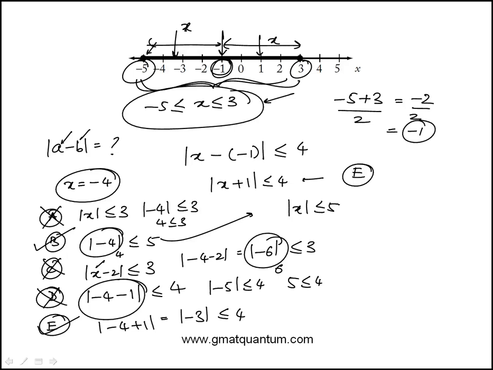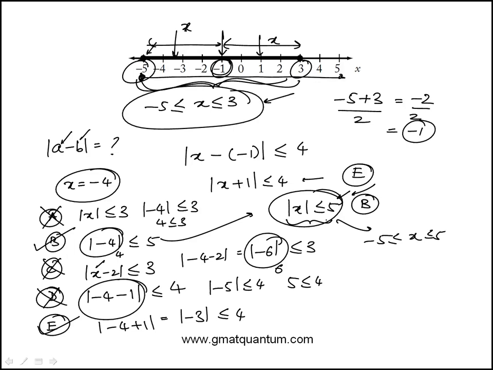Well, actually B is tricky because, I think the reason the writers put it there is that all the values in that shaded region will actually satisfy this, because this is the solution. This basically means x is between -5 and 5. And so the set of values is from -5 to 5. So if you're testing a subset, it's going to satisfy that.